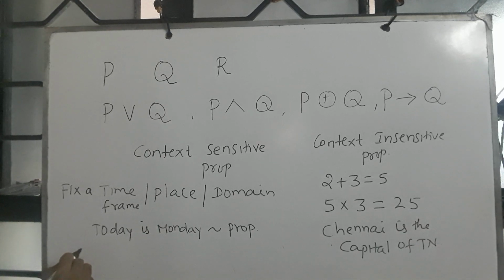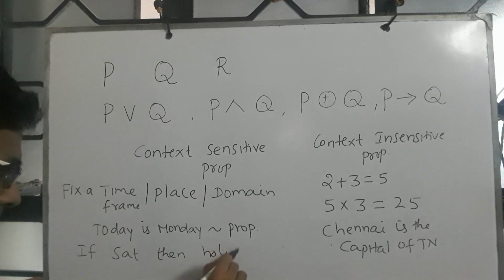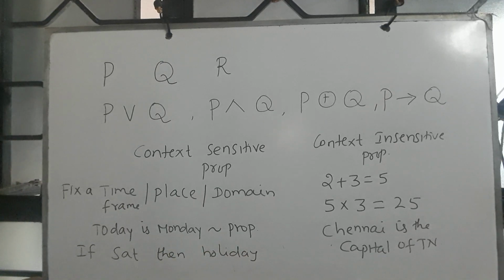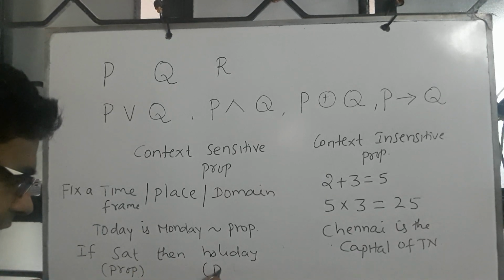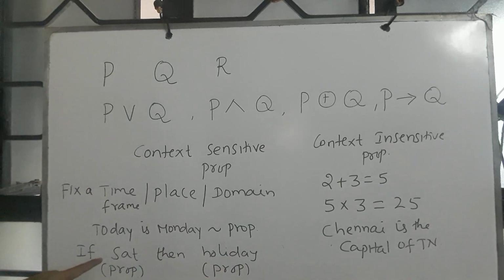One more important thing, when we discussed if Saturday then holiday, please note this has to be a proposition, this also has to be a proposition, and this was a proposition with respect to a context.